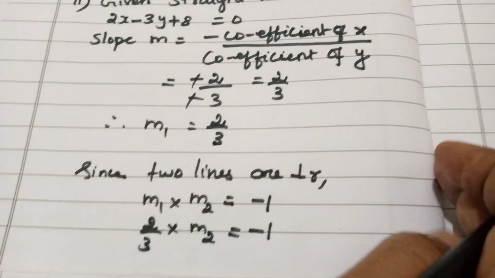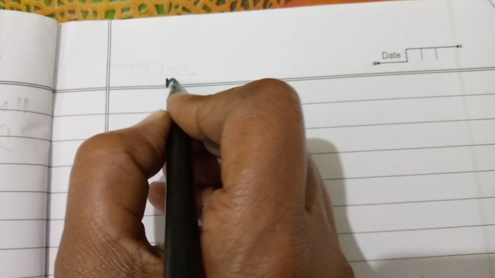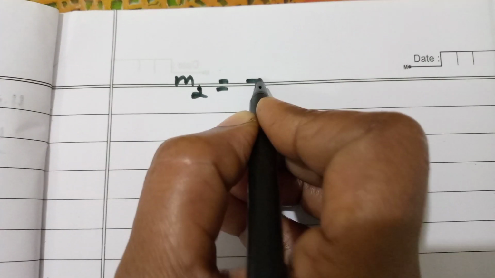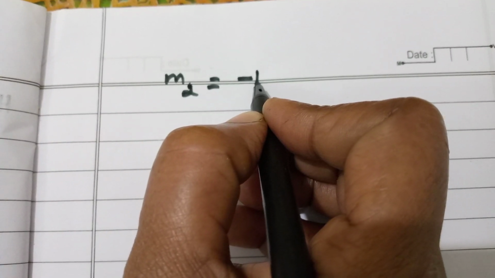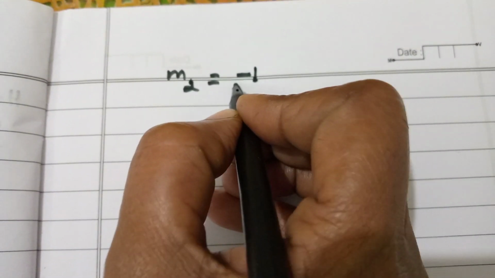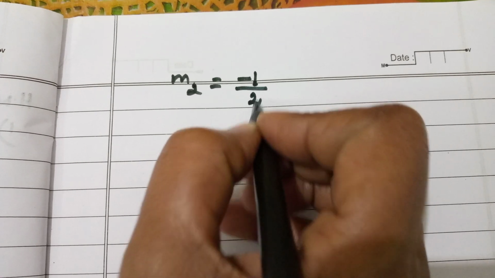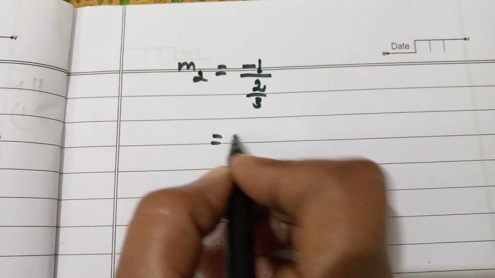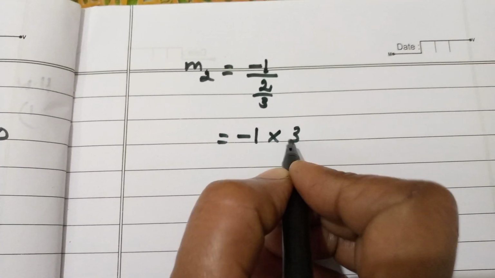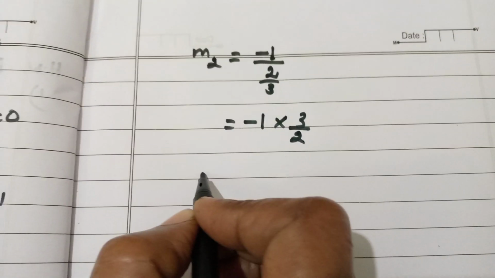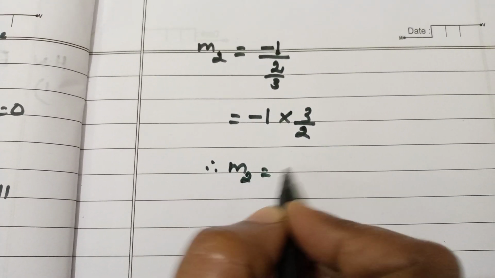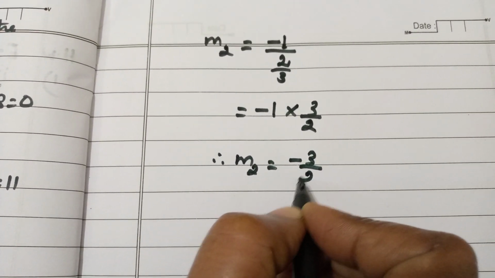From here m2 is equal to minus 1 divided by 2 by 3, that is minus 1 into 3 by 2. Therefore, m2 is equal to minus 3 by 2.